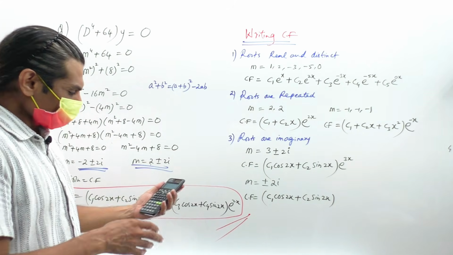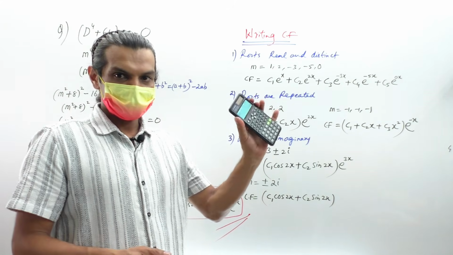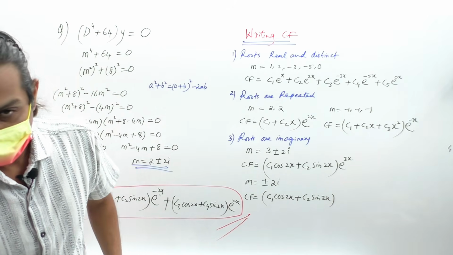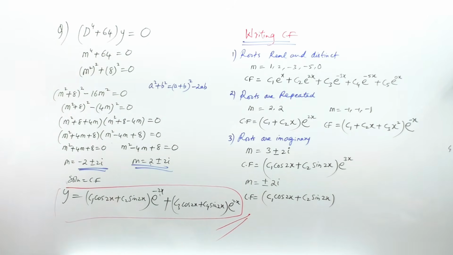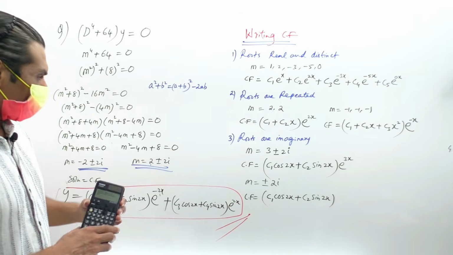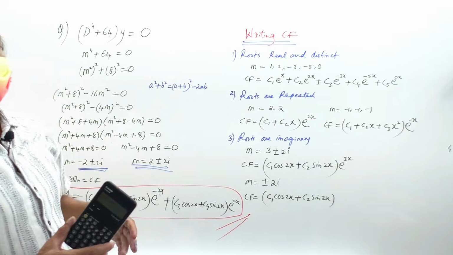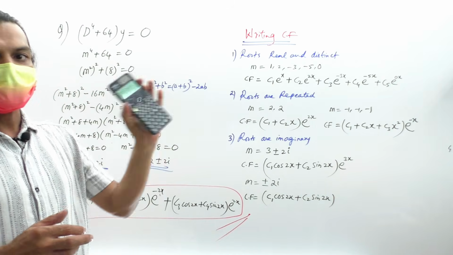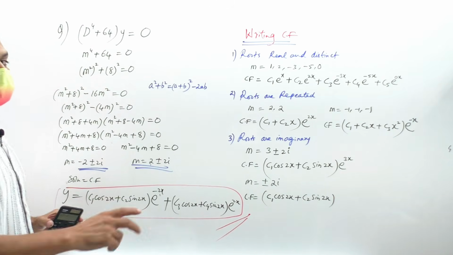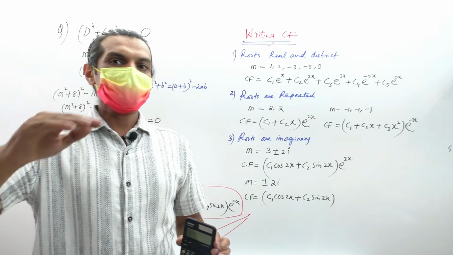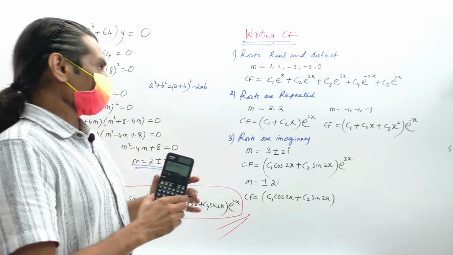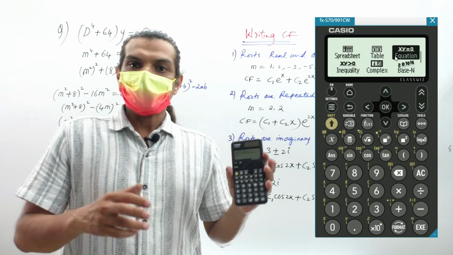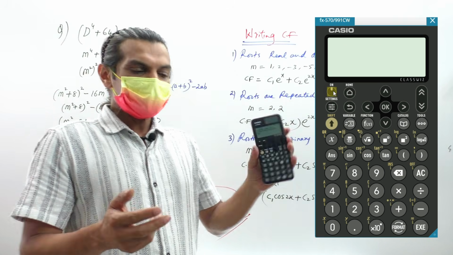Now, let's verify the correctness of the roots in the fx calculator. It is not required, but as I told you, in the 991 the limit is only up to x cube, but here in the fx 991 CW you can find up to the 4th degree, so I will show it to you.